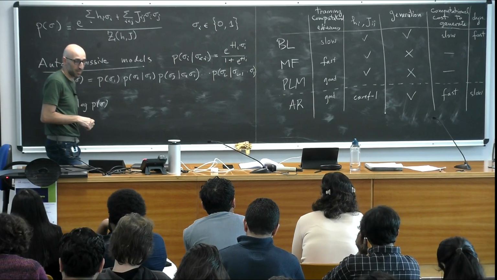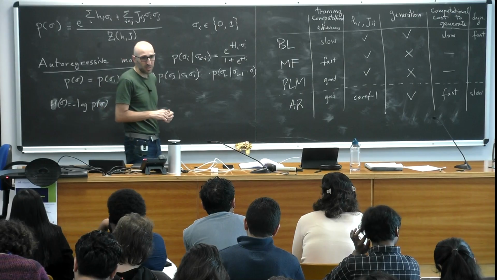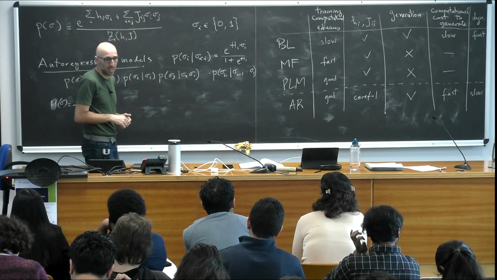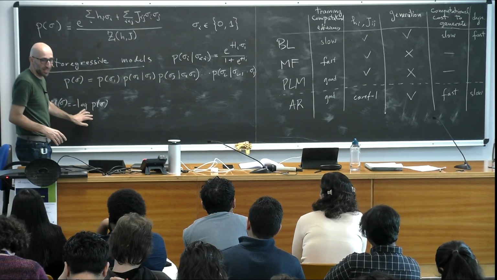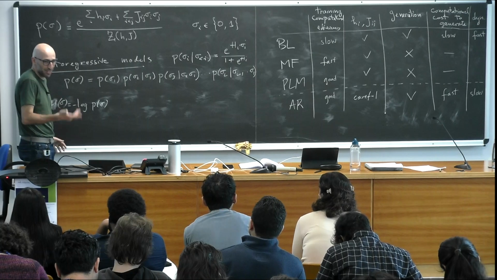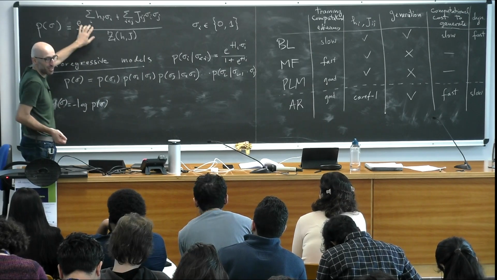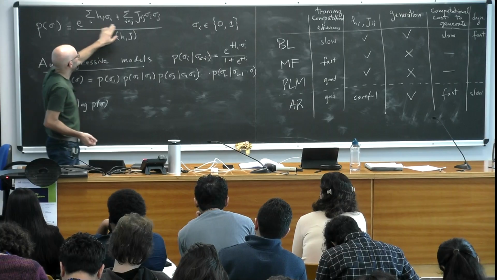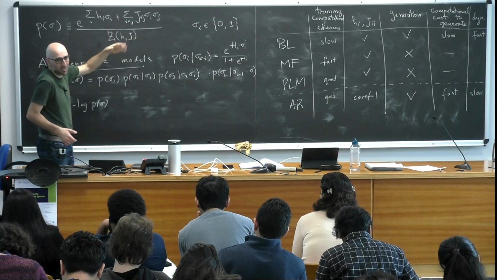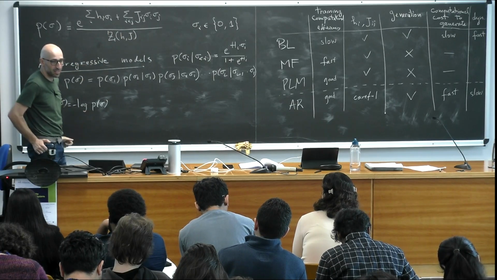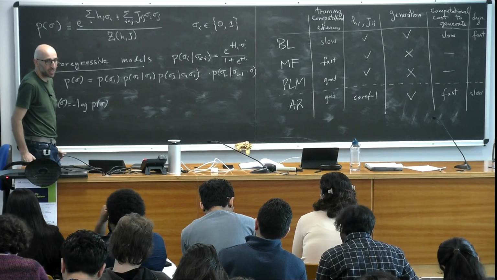Okay? So in the dynamics, we want to check the energy variation between two. Exactly. So the energy is the logarithm of the probability. So in order to check the variation of energy, you have to check the variation of the probability. Here it's very easy because the log of the probability is just this plus a constant that will not change. The first case is just in one step, right?